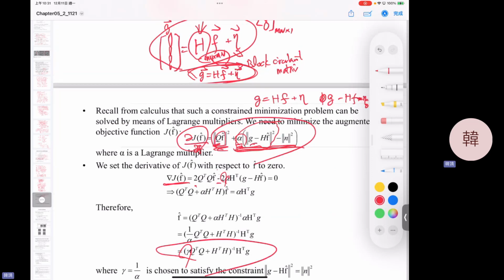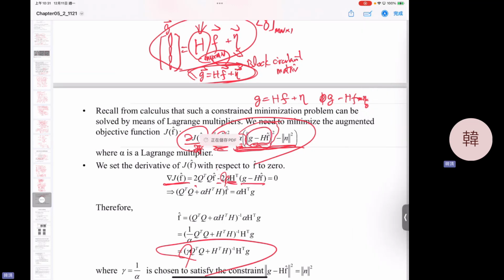And inside of this term, the G minus HF, only H is the coefficient of the F. So the H will be moved outside, and this term will remain to the order of 1. So that's the result. And because this is minus, it's a minus taken outside.